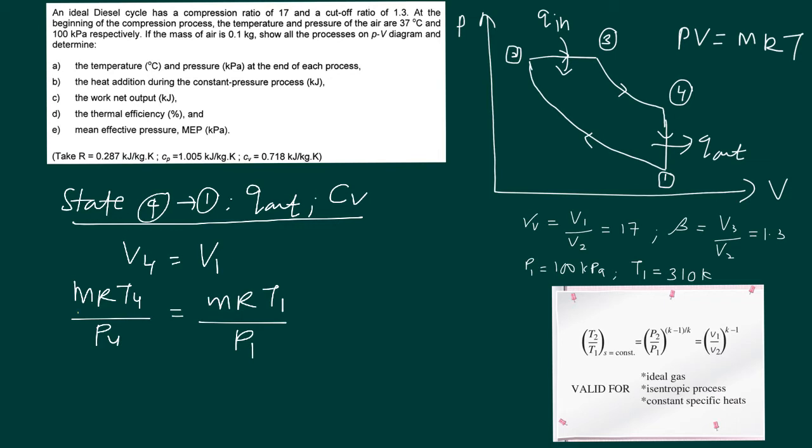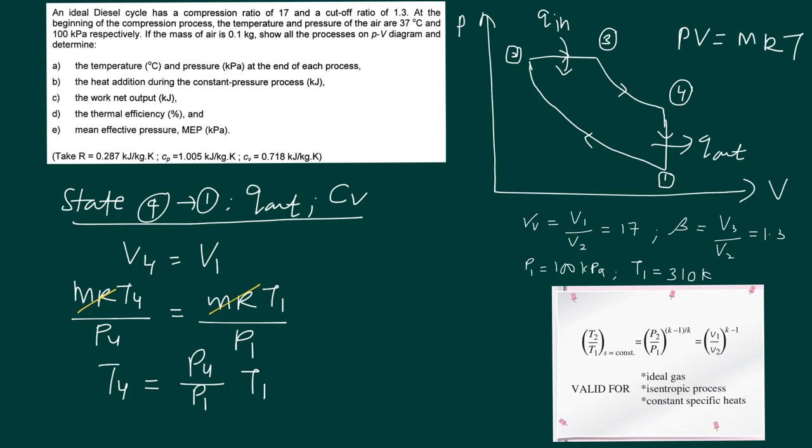And you cancel out the mR term. So let's say in this case we are trying to look for your temperature first. So it's going to be your T4 is equal to P4 over your P1 times your T1.